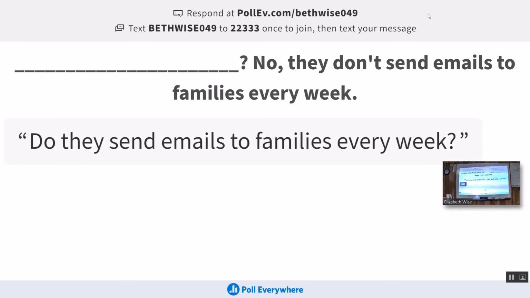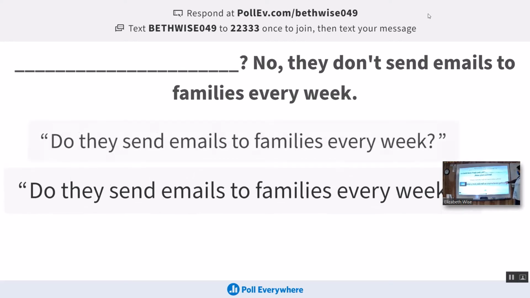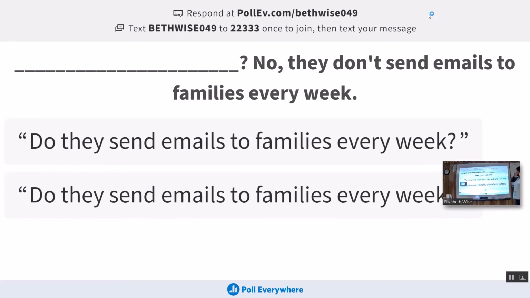But if you did that, then you wouldn't know what the question was. So, okay, so yes, do they send emails to families every week? Good. So if it's a yes or no question, you're just gonna do or does. You don't need the question word, right? If it's a yes or no question, it's just do or does.